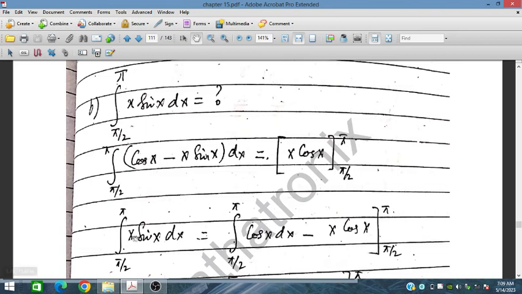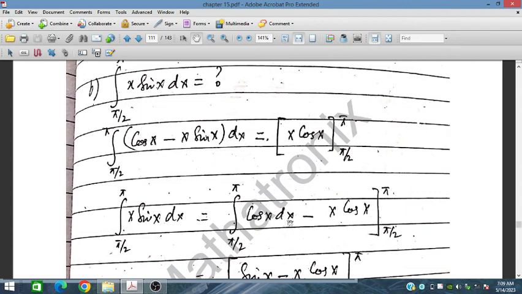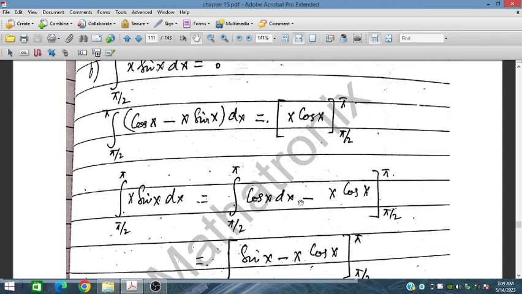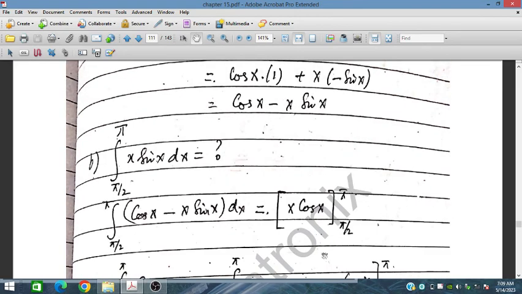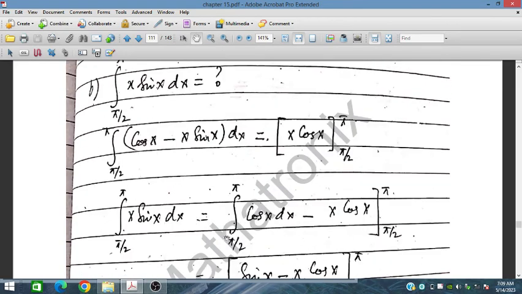Similarly, x sin x from pi by 2 to pi is written as cos x minus x cos x. So we'll have this limit pi by 2 to pi.